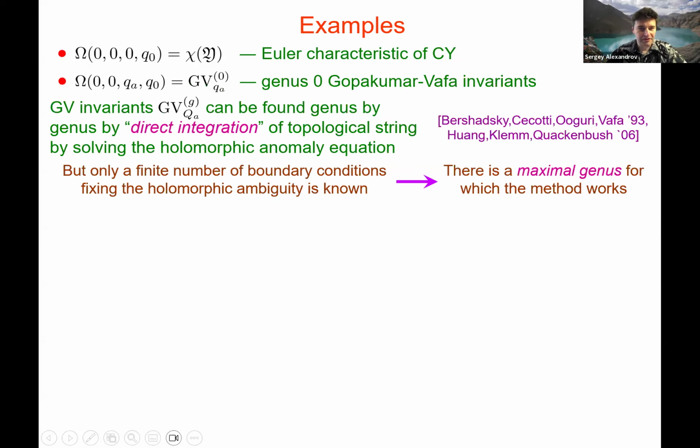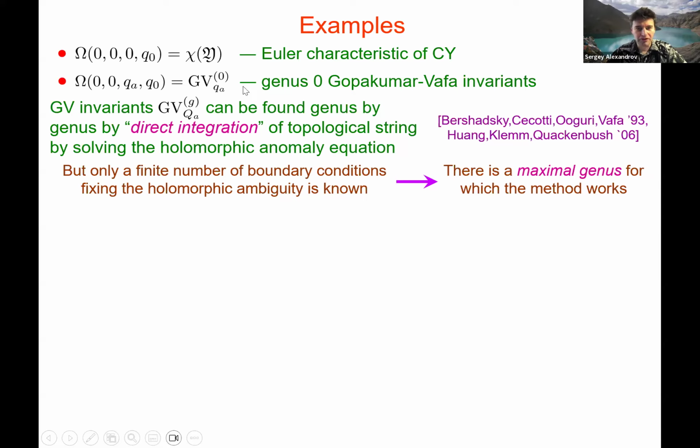The next case is when we switch on D2 brane charge. Then again, the invariant does not depend on D0 brane charge, so no Q0 dependence, and it's known to coincide with the genus 0 Gopakumar-Vafa invariant of the Calabi-Yau.